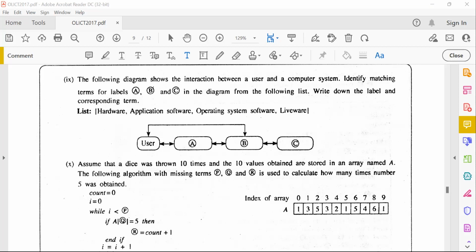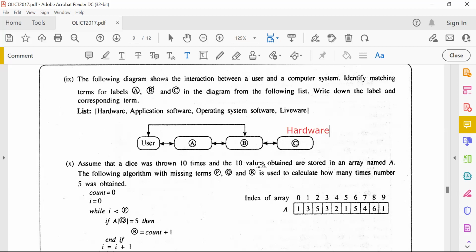We know one thing. At the very end, we have to have hardware, isn't it? So C should be hardware.